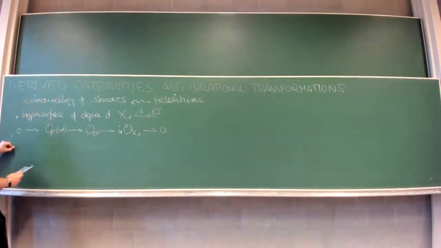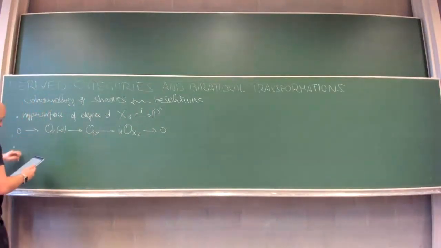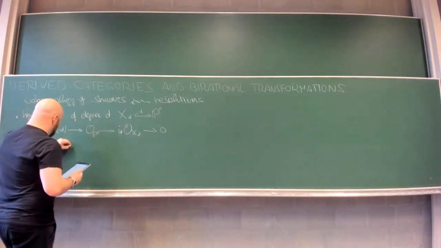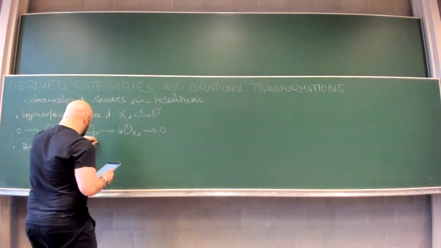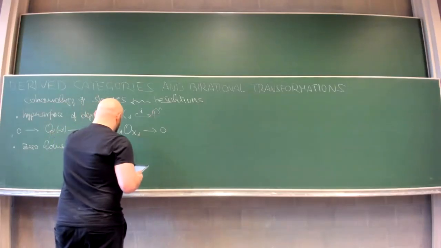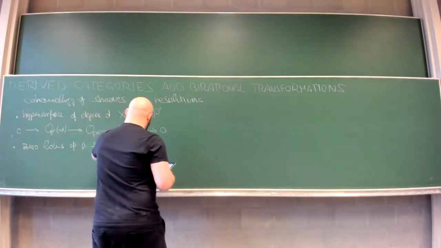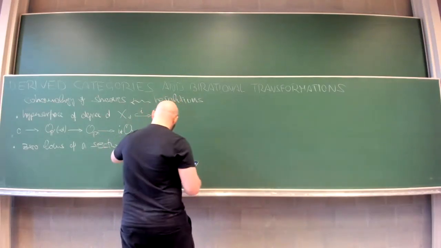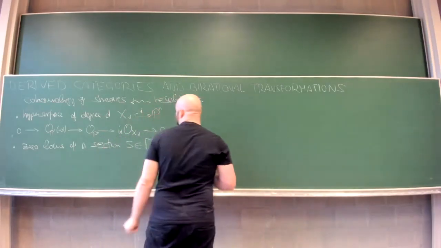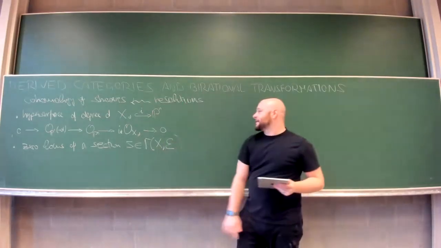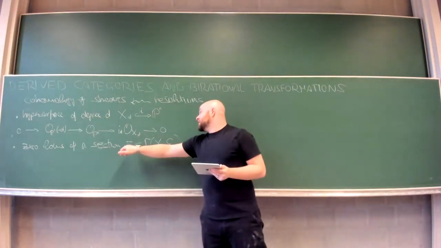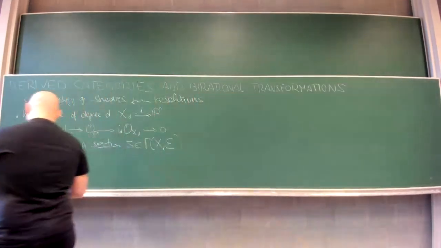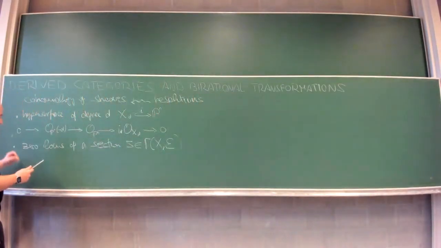Or a slightly more complicated but still quite simple example is the zero locus of a section s of a vector bundle E on a smooth projective variety X. Of course, we want E to be globally generated and the section to be general, so that everything is smooth and of expected codimension.